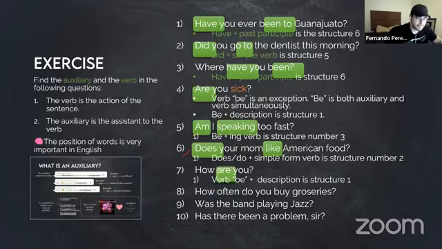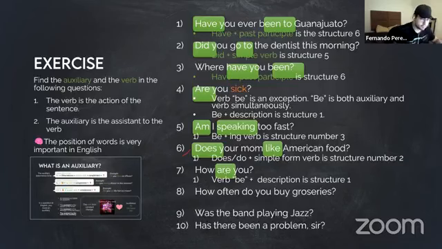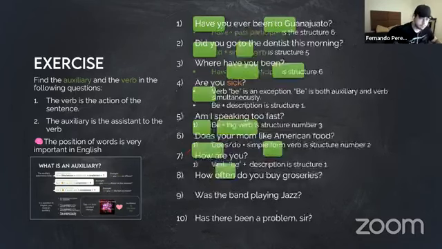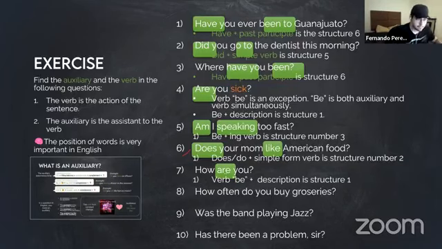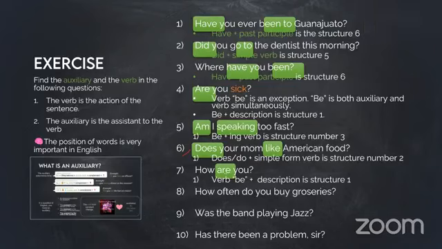Viridiana, help me find the auxiliary and the verb in number 8. Auxiliary is do.